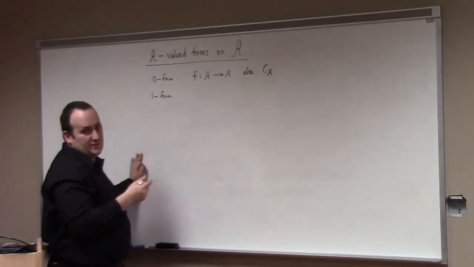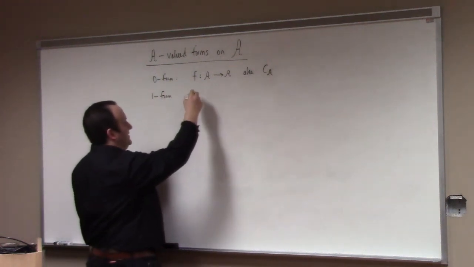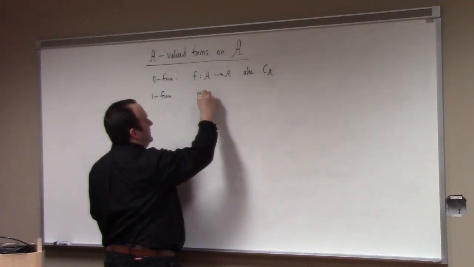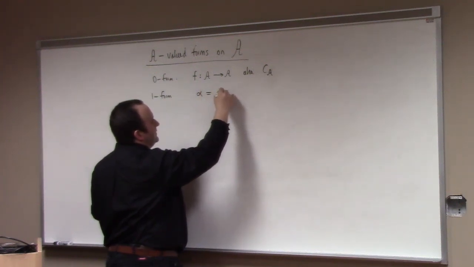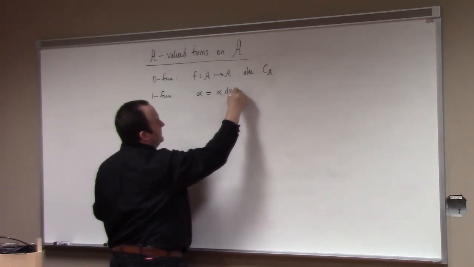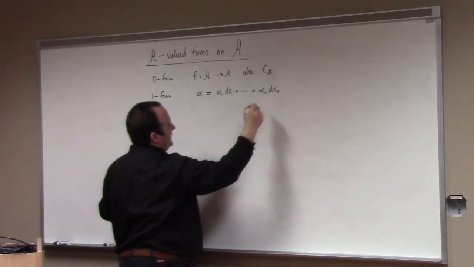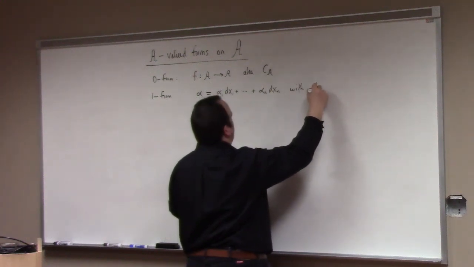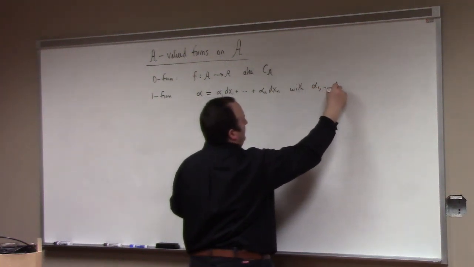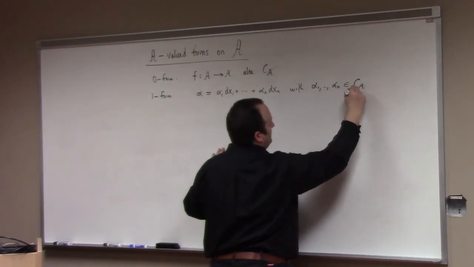My thinking is it should be essentially, calculationally at least, something of the form alpha 1 dx1 plus and so on up to alpha n dxn, with alpha 1 through alpha n coefficients that are differentiable functions, I would think.